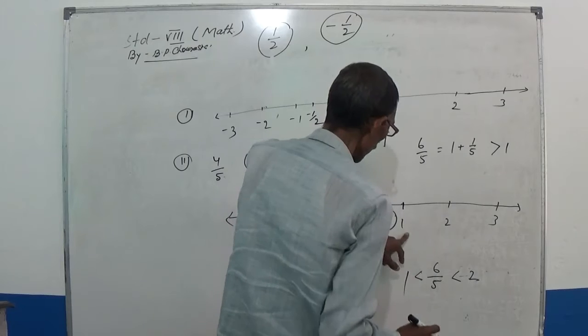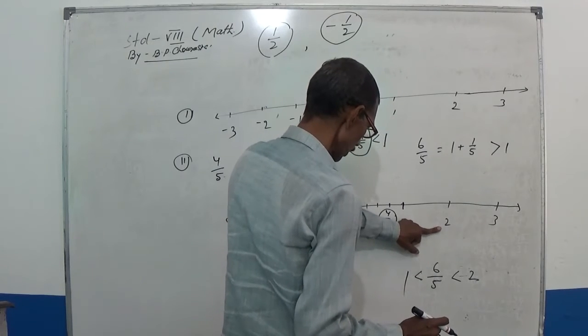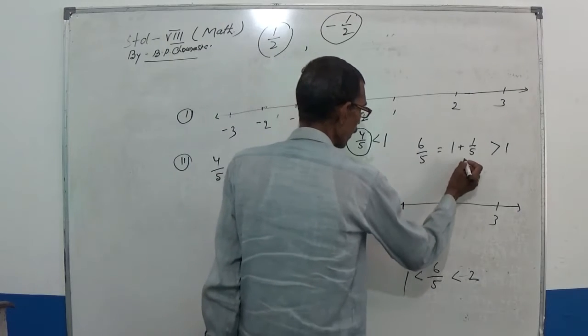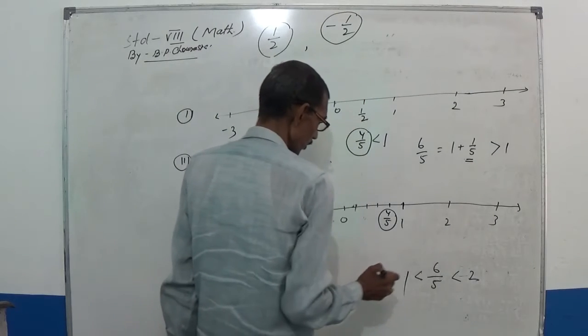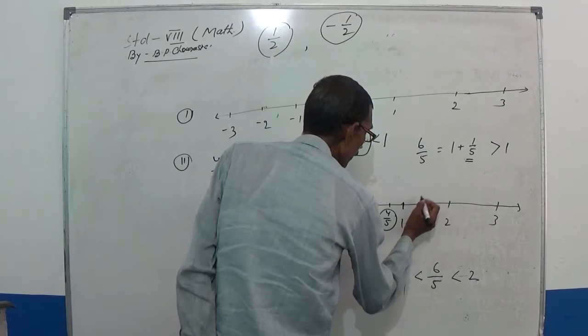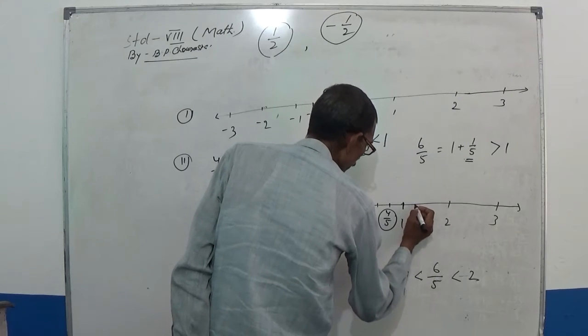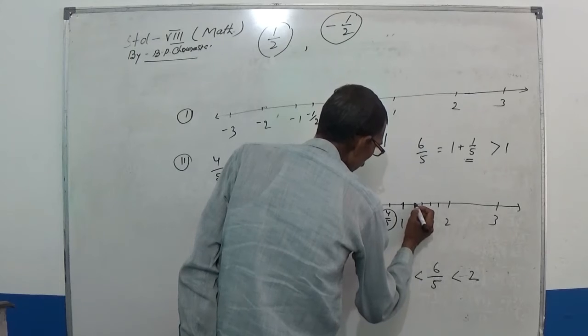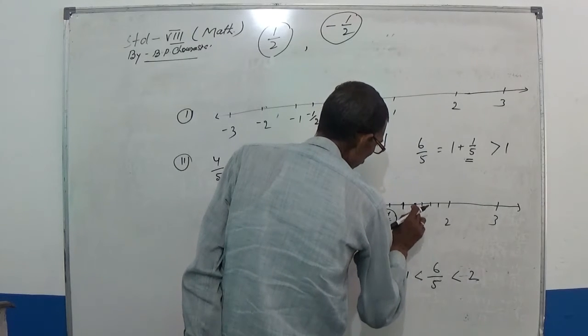Now between 1 and 2 we divide this into 5 parts. 1, 2, 3, 4. These are 5 equal parts.